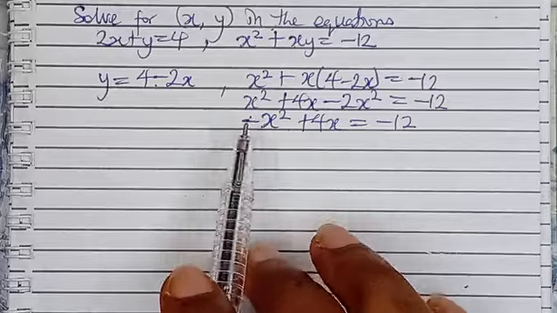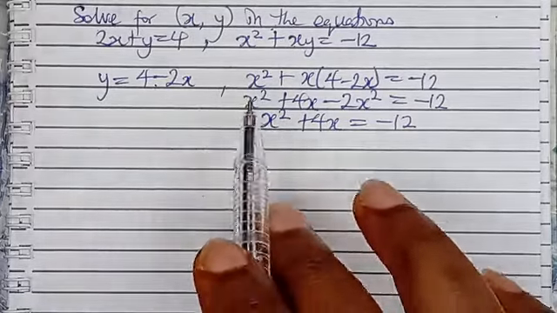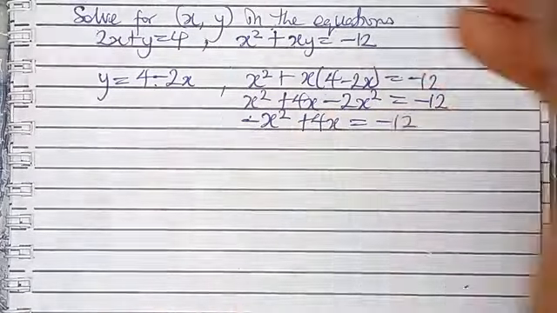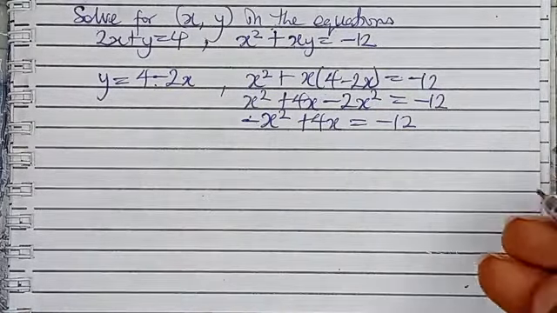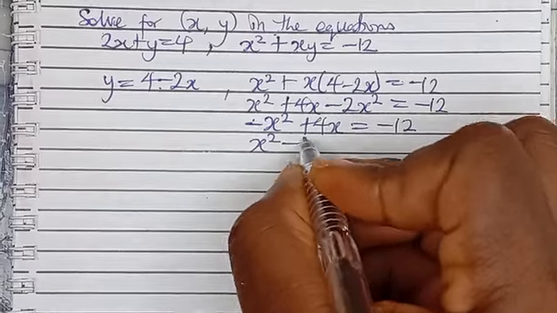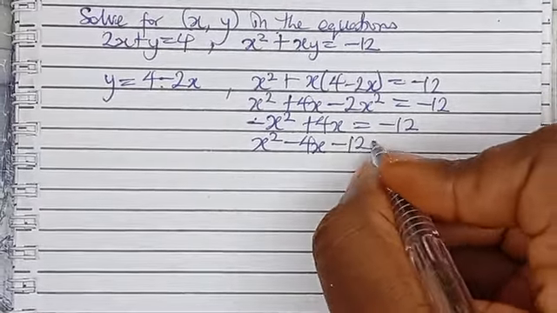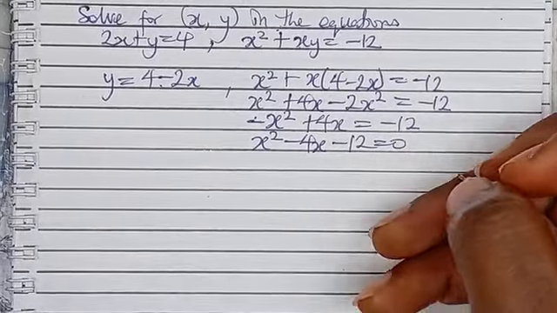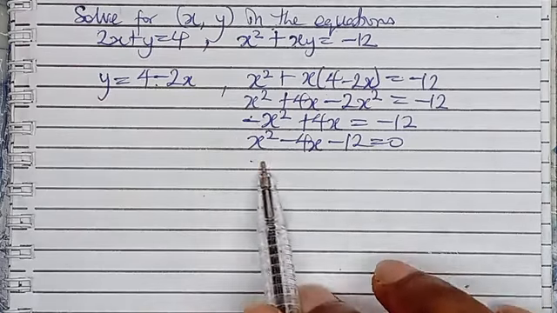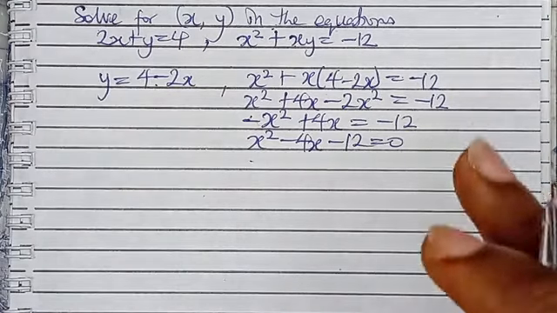Now I want to rearrange so that x squared does not carry the negative sign, so that its coefficient is just plus 1, not negative 1. So I'm going to send everything over to this side and equate to 0. That's just changing the signs. We have x squared minus 4x, and then we bring down minus 12, is equal to 0. And then we now have our normal quadratic equation.